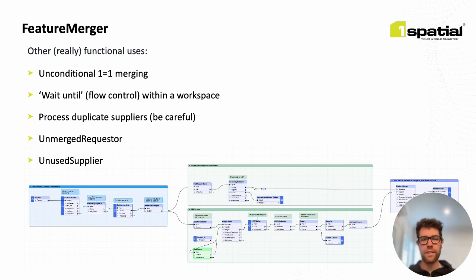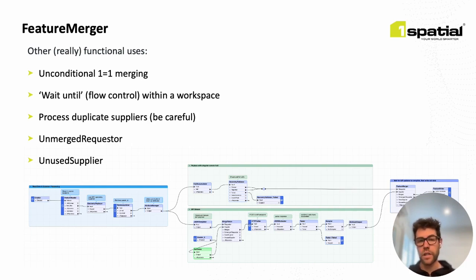However, in my opinion, it's something that I think has the possibility to trip up users and cause unexpected behavior. And that's because of the way that when you use duplicate suppliers, it will merge using the first supplier that arrives at the feature merger. So if your data stream varies in its order, you may find yourself in a scenario where you end up with a merge that you weren't quite expecting.